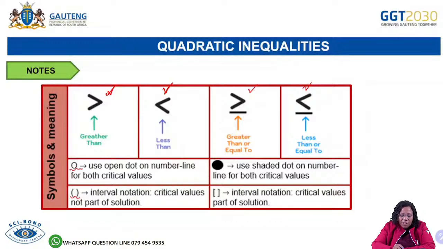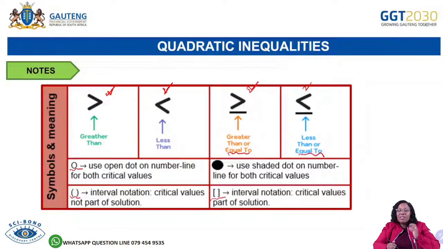But if you are having inequalities, it is still greater than, but is greater and equal because it's having an equal sign. Or less and equal because it's having an equal sign. You use a shaded dot because your solutions are now included. They are part of the solution. Whereas with the open dot, the open means the solutions are not included. So now we shade the dots to show that the solutions are included. And then we use the square bracket to show that they are also inclusive.